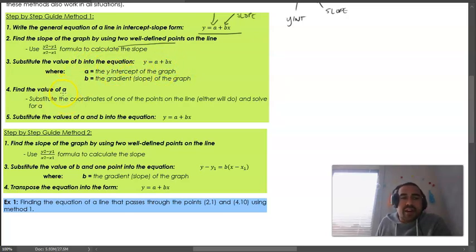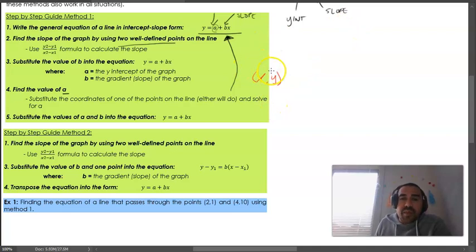The next step is to find the value of a. What you're going to do is substitute one of the points that have been given out of the 2 into this equation here to solve for a. Say for instance we use a certain point, an x and a y; it could be x1, y1 or x2, y2, it doesn't matter.